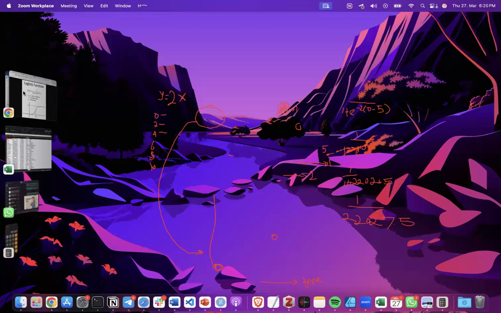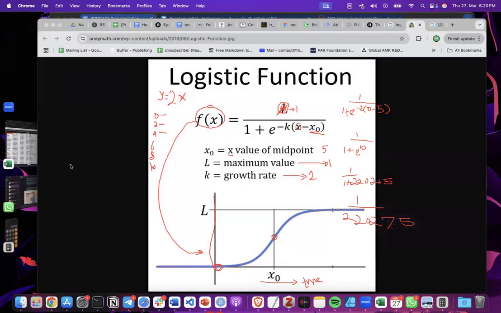Abisoye and Flourish. I think Flourish already solved it. Did this solution make sense to you? Yes, sir. I get what to do now.